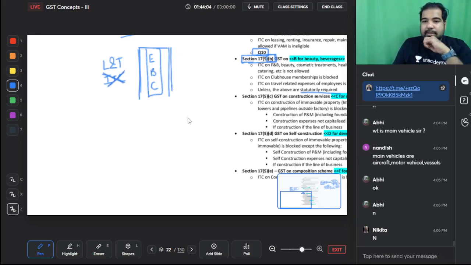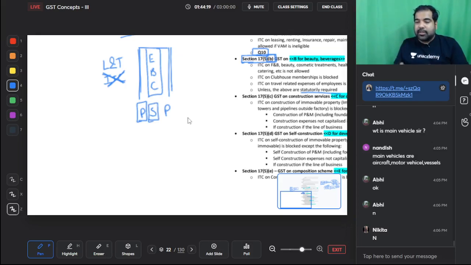Except on 3 things. The shortcut is PSP. If this is a plant and machinery or even the foundation of plant and machinery, then allowed. If it's in the same line of business, if you are L&T and you're taking these services to supply it ahead, then allowed. And if it's debited to P&L account, it's allowed. So any of these 3, yes. Again I repeat, if it's plant and machinery including foundation of plant and machinery, then allowed.